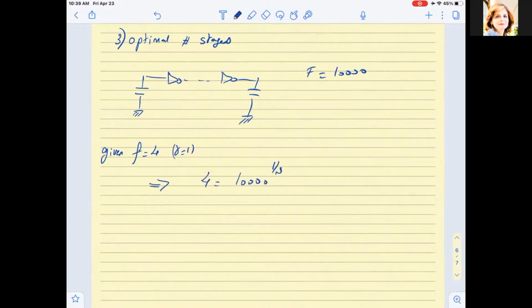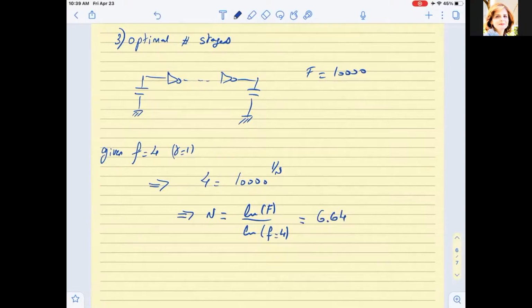If I take the ln on both sides, I will find that n is equal to ln of F over ln of little f, which is 4, which is equal to 6.64 in this case. Of course, I cannot have 6.64.